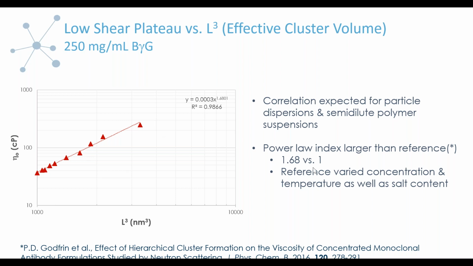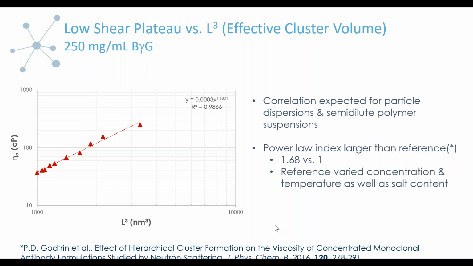This is very satisfying. But I'll point out that there's still more that we want to learn about these systems, because it's not clear what this particular rate of increase is indicating. When we compare our results to some results in the literature that also try to extract cluster size from the onset of shear thinning, we're seeing some differences in this rate of increase of viscosity with effective cluster volume.